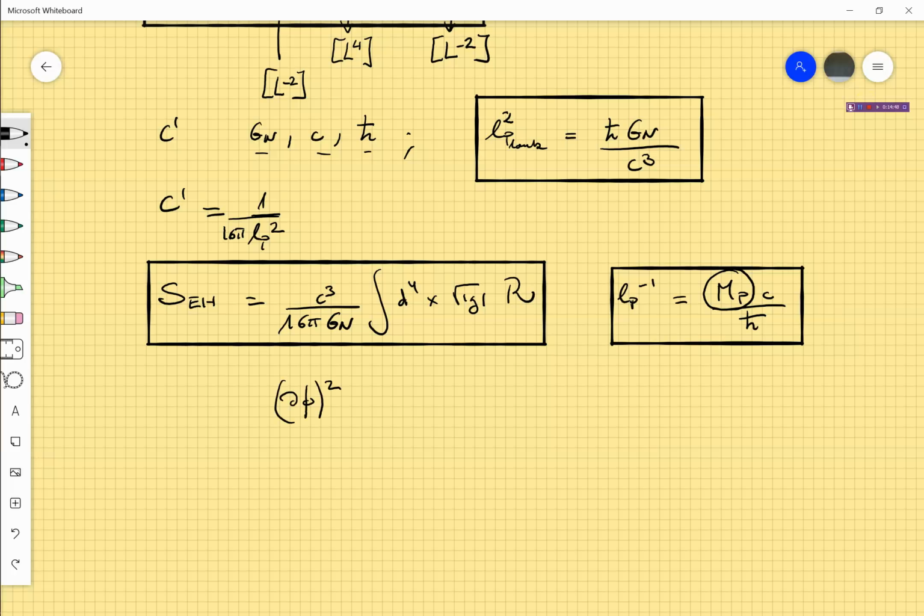And you can show, and we will see a bit of this when we study the weak field expansion, that you can understand these couplings as, for instance, the coupling of the gravitational field to its own energy momentum tensor, which is what you expect.